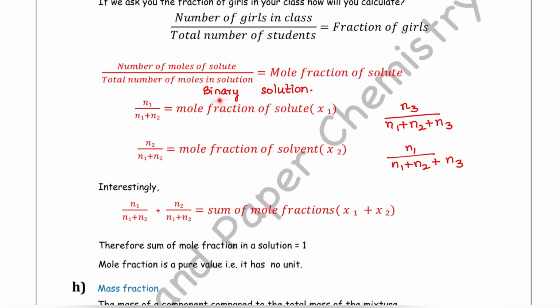Coming back to a binary solution, what about adding the mole fraction? So N1 upon N1 plus N2, plus N2 upon N1 plus N2, add them up, what do you get? Yes, correct, we get it equal to 1. That means the sum of mole fractions in a solution is always equal to 1.